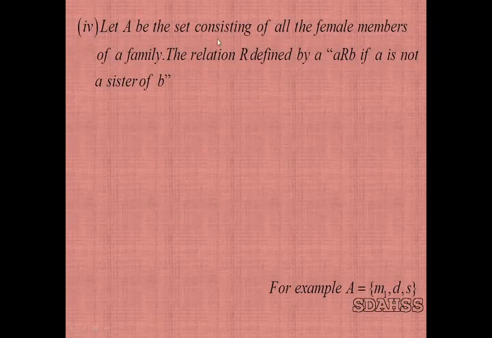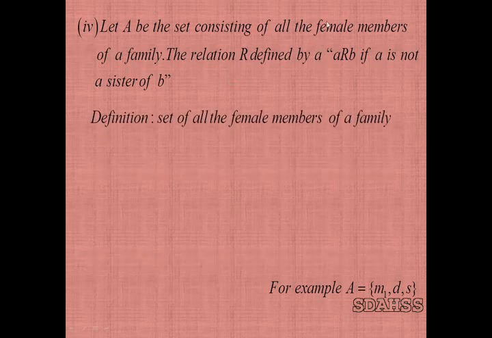Subdivision 4. Let A be the set consisting of all the female members of a family. The relation R is defined by A is related to B if A is not a sister of B. Here the definition says the set of all female members of a family. So for that, let us consider mother, daughter and sister.